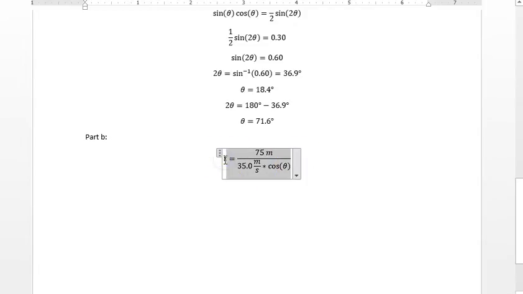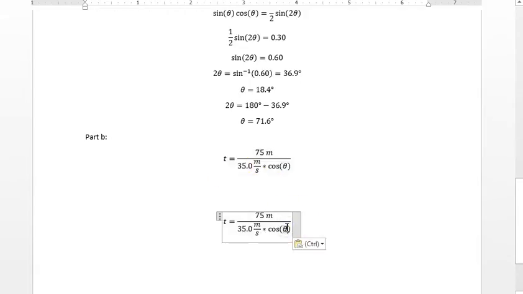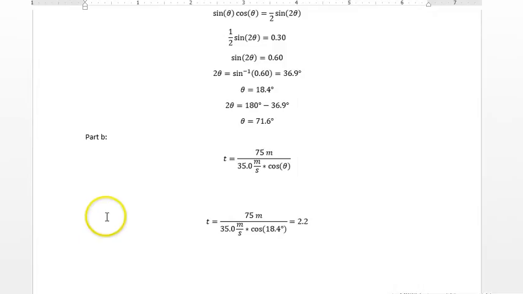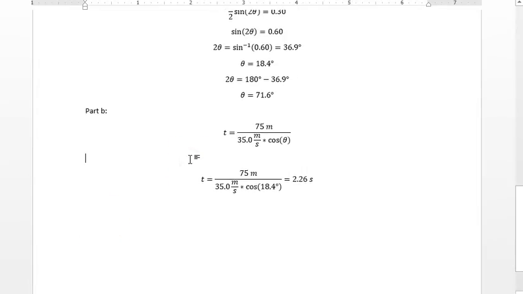Alright, copy all of this, put in 18.4. I get 2.26 seconds. All right, let's do the same thing with the other answer, with the 71.6.